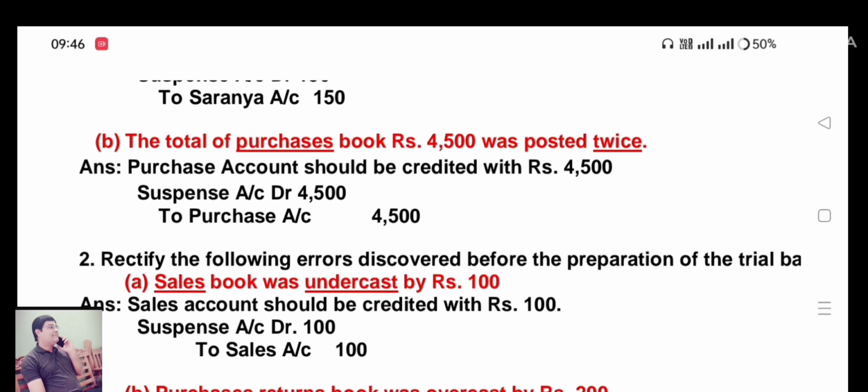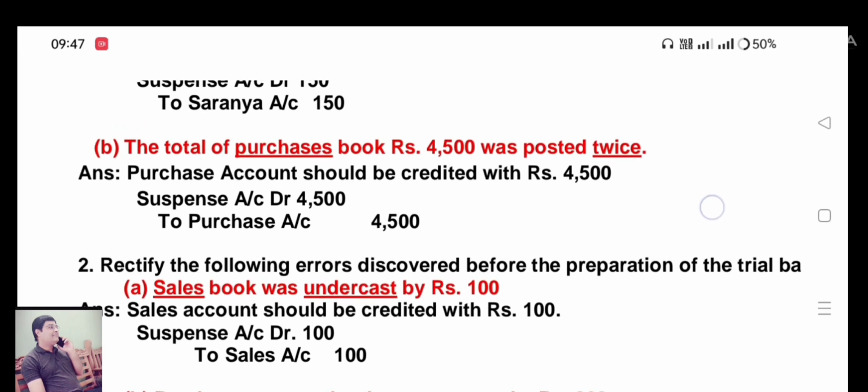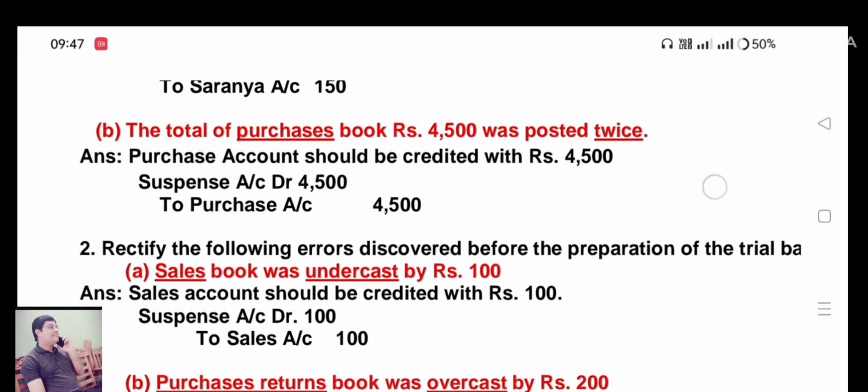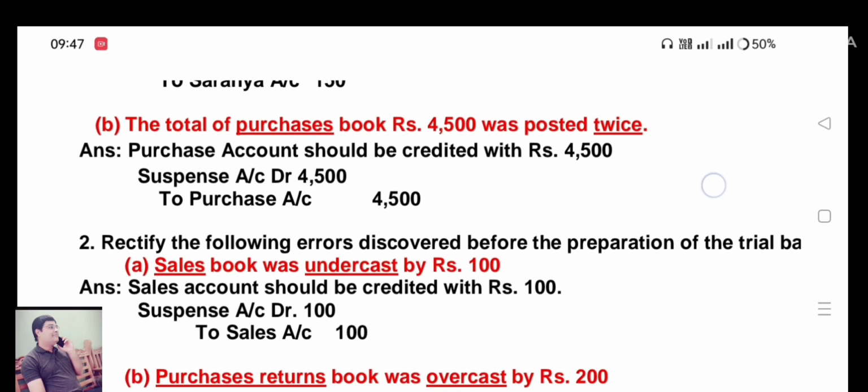Question B. The total of purchase book, rupees 4,500, was posted twice. So purchase book is what? It is a debit balance. Twice means what? Excess, extra, more. So what I said at the start itself, in the second point, if it is extra, excess, more, then you have to write the opposite entry.